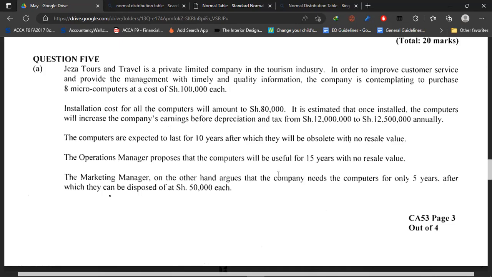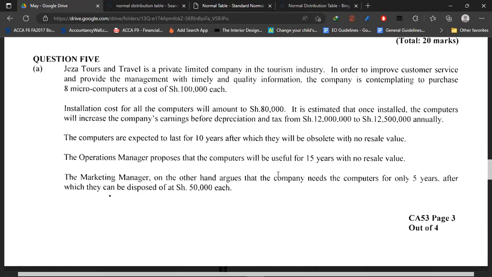Installation cost for all the computers will amount to 8,000. It is estimated that once installed, the computers will increase the company's earnings before depreciation and tax from 12 million to 12.5 million annually.